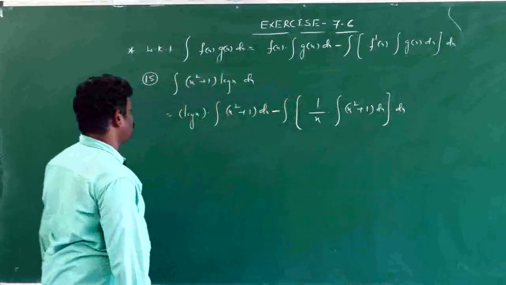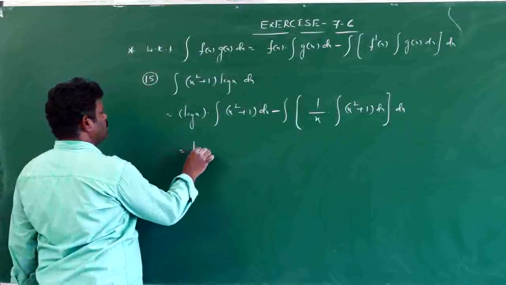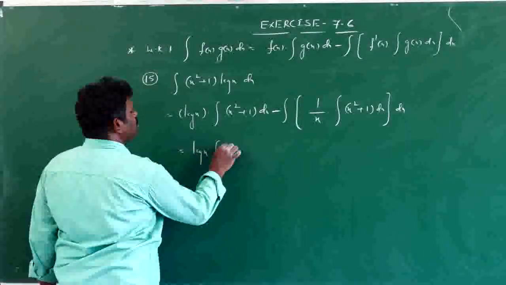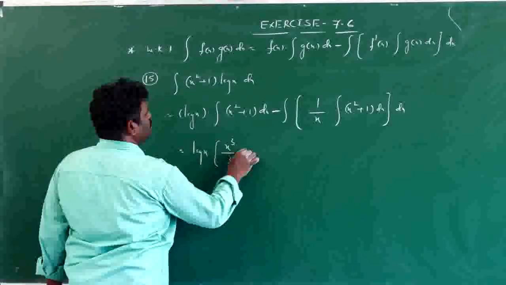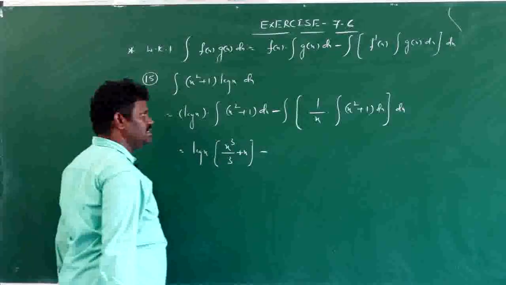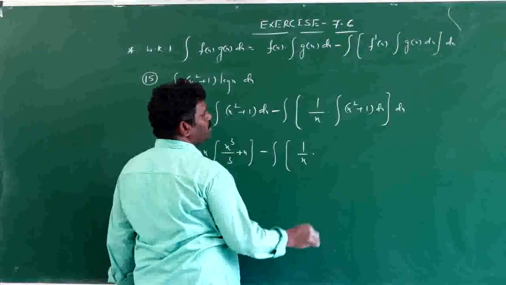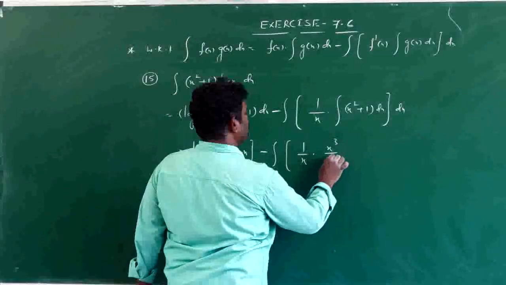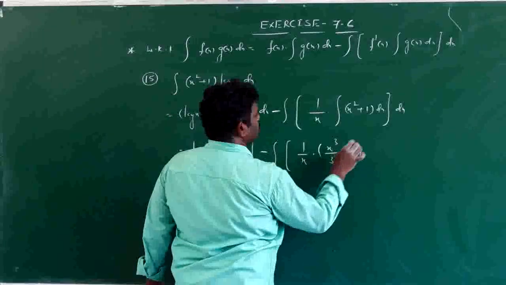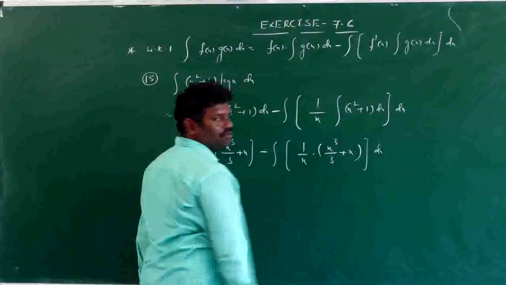Now that is equal to log x into (x cube by 3 plus x) minus integral of 1 by x into (x cube by 3 plus x) dx.